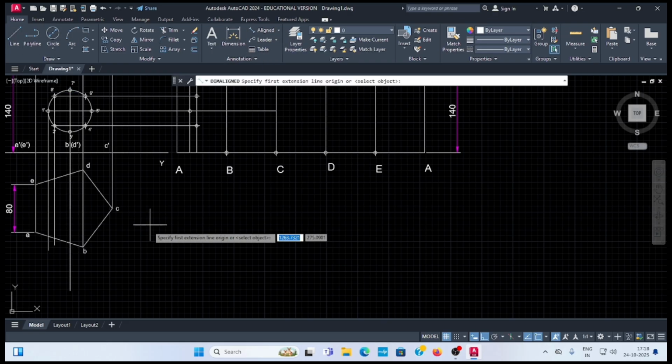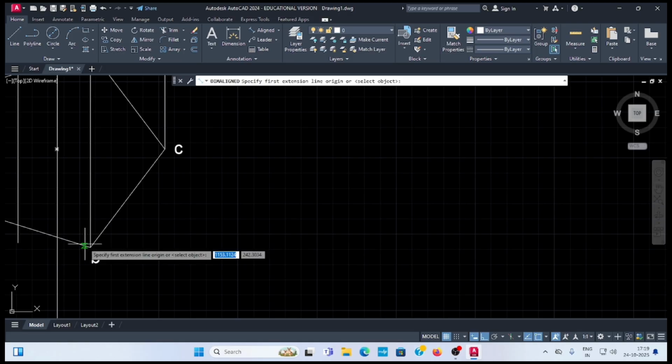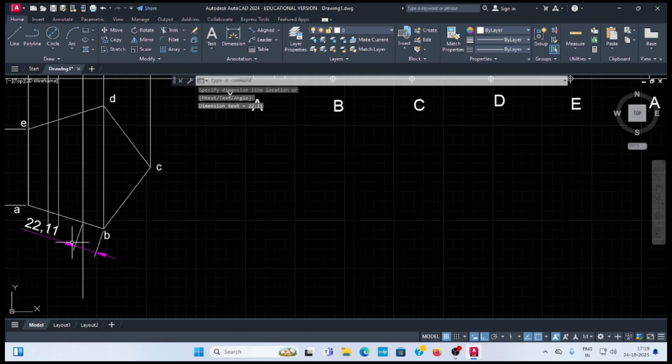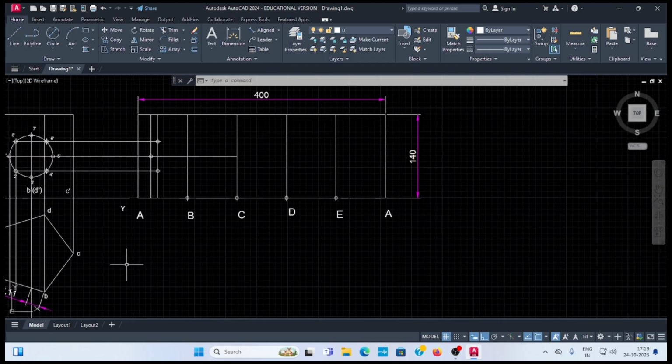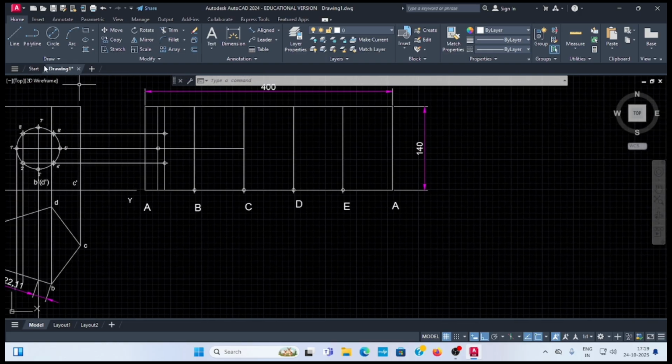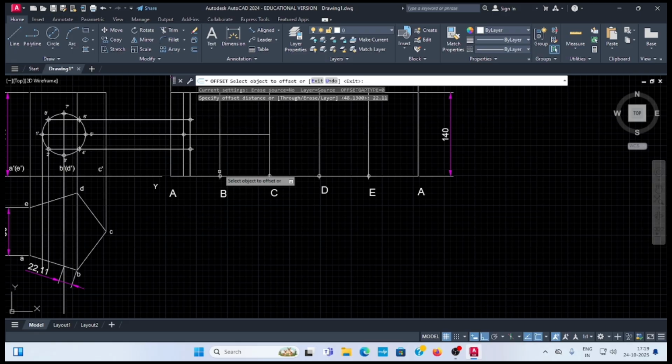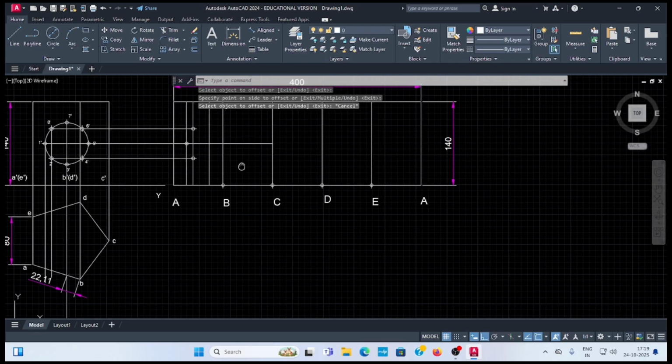Go to aligned dimension, from B to this distance, 22.11 mm. Go to offset command, offset distance 22.11, 22.11, enter, select the B line, this direction, enter.